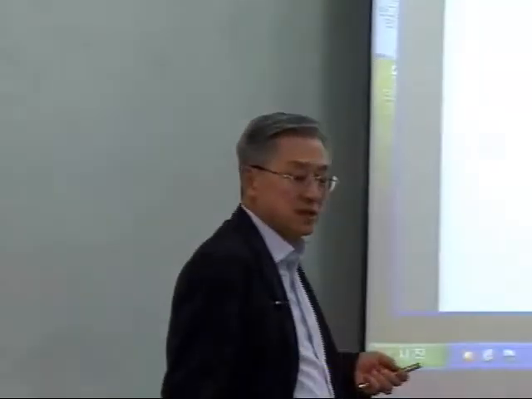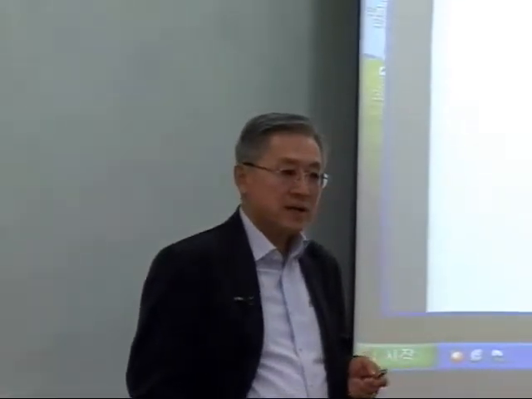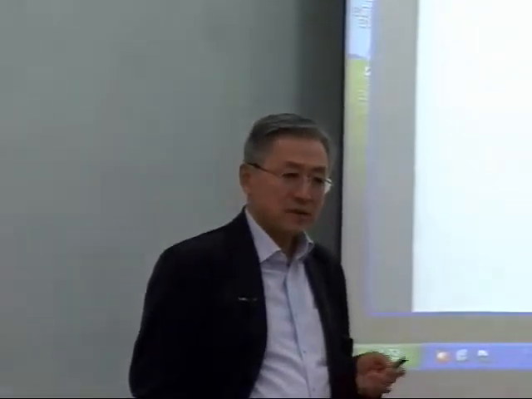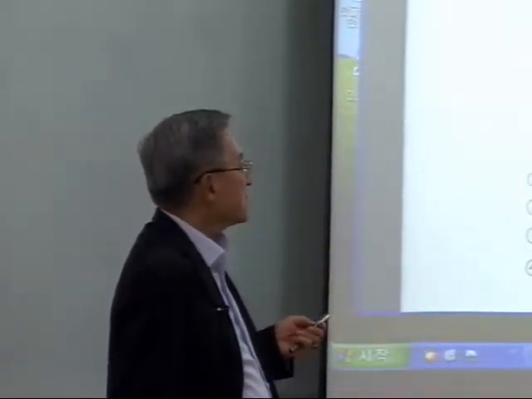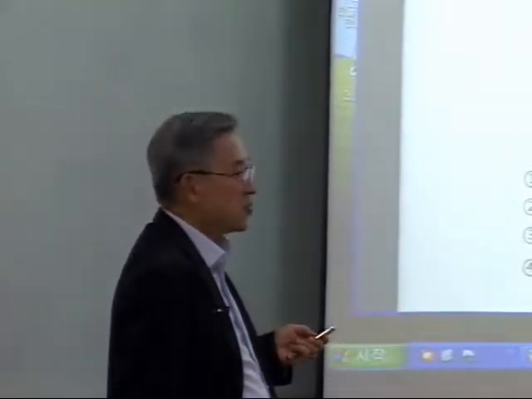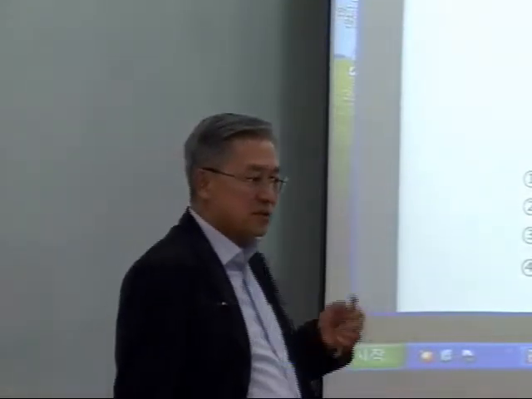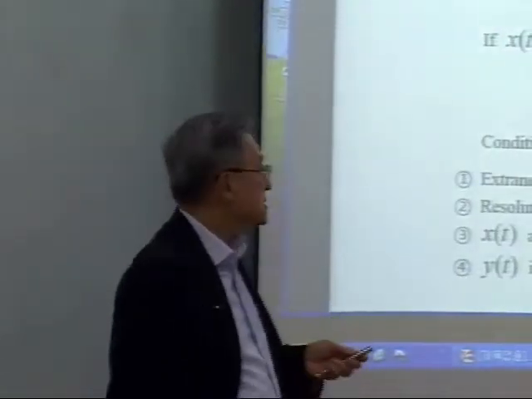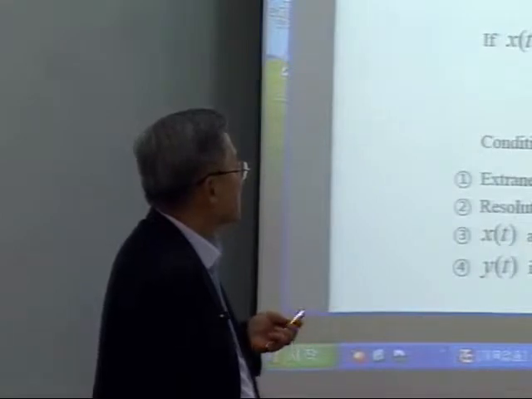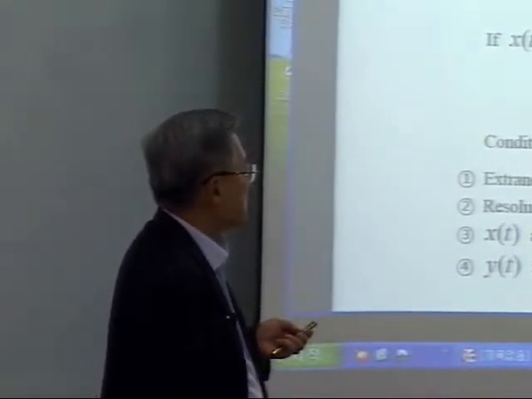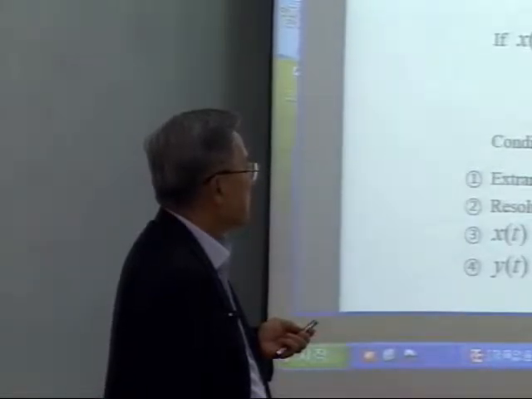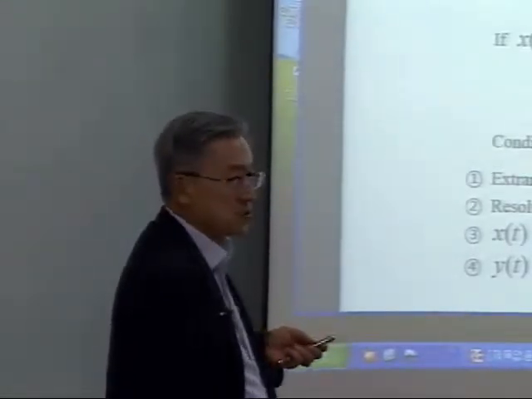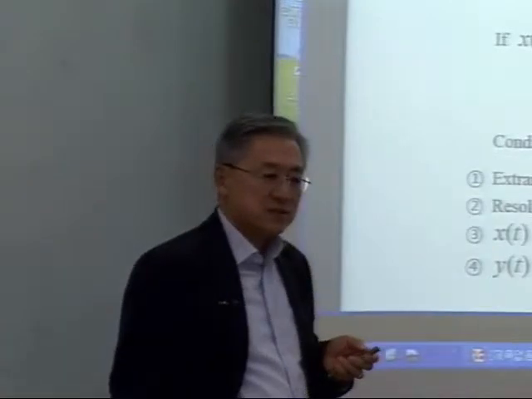is this value, Gxy absolute square, right? And this is Gxx, Gyy. Gxx is as is, and Gyy you can express as the absolute square of H times Gxx.